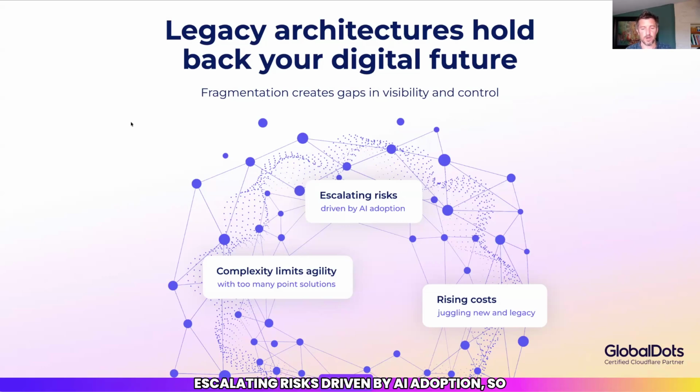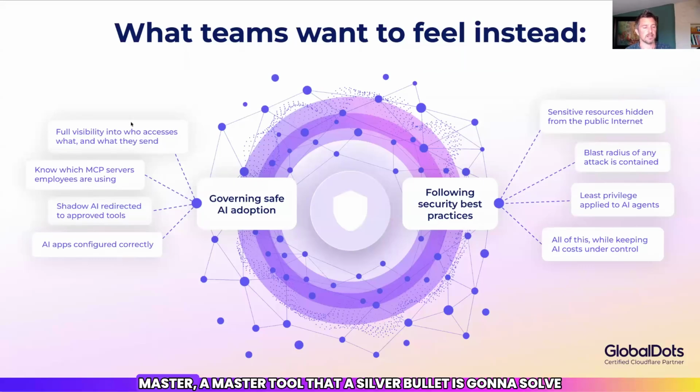Then there are escalating risks driven by AI adoption: all the things we've talked about, leaking data, putting prompts into public LLMs, etc. And then the costs, which could be the cost of the security solutions you're purchasing, but also what you're actually spending with these AI providers. There's a lot of fragmentation in the market at the minute, and generally there isn't a master tool, a silver bullet, that is going to solve it.